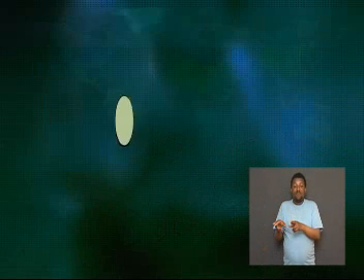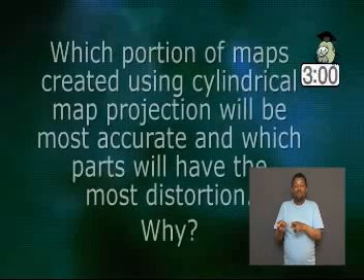Which portions of the resulting maps do you think will be most accurate, and which parts will have the most distortion, and why? Students, let's get ready. Begin.